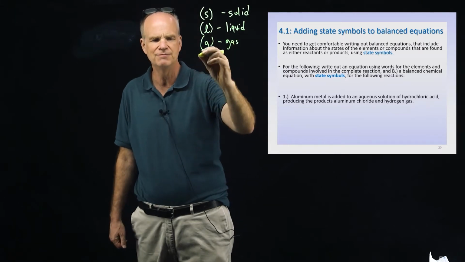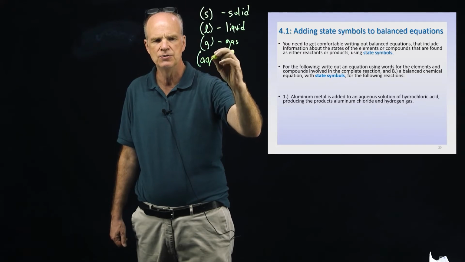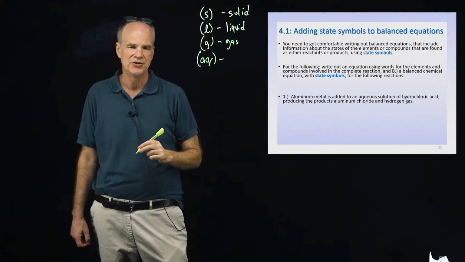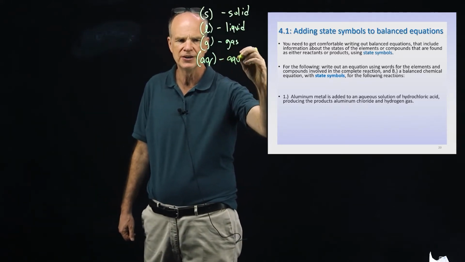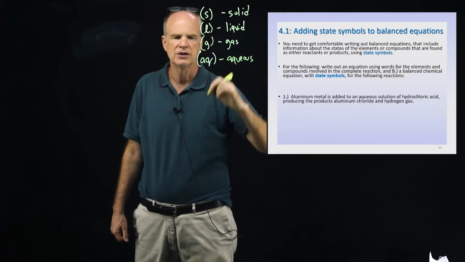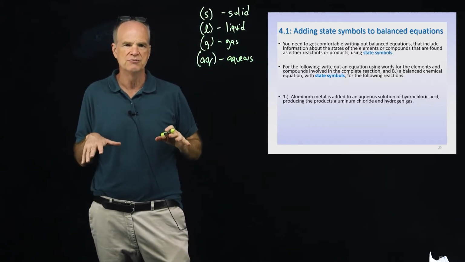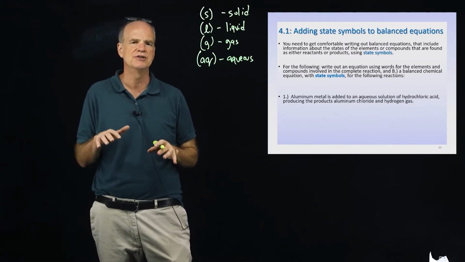And then there's one you may have heard of, or maybe not, but it's (aq). AQ stands for aqua, which means water, and so this refers to an aqueous state. Let me talk a little bit about what that is. Aqueous state usually refers to a situation where you have compounds, oftentimes ionic compounds, dissolved in water.